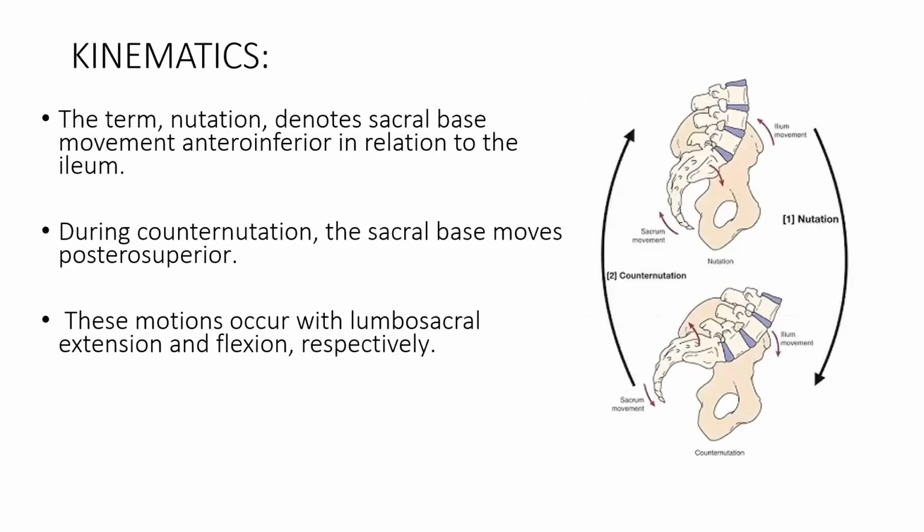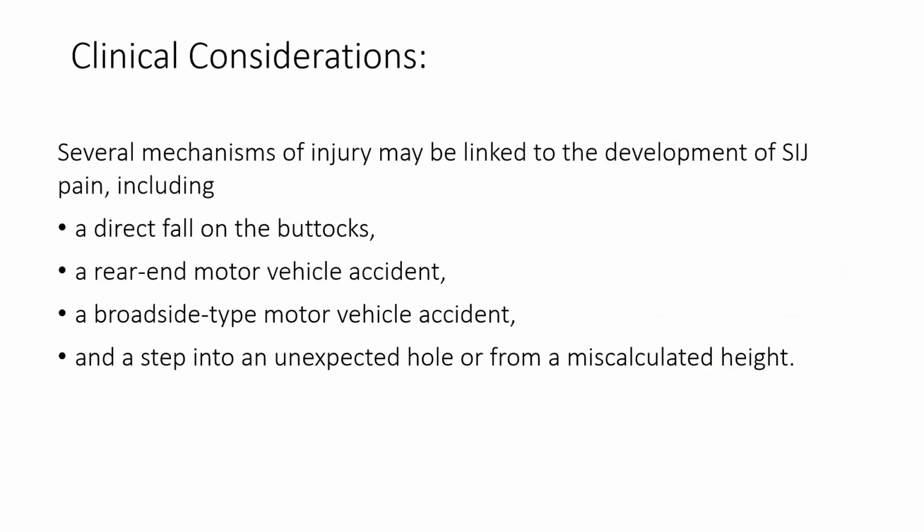Coming to kinematics, the term nutation denotes the sacral base moving anterior-inferior in relation to the ilium. During counternutation, the sacral base moves posterior-superior. The motion occurs in lumbosacral extension and flexion, respectively.